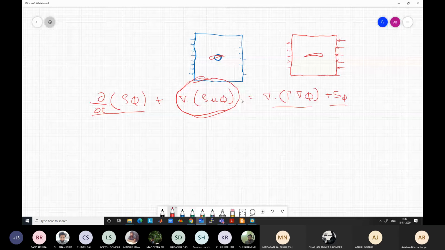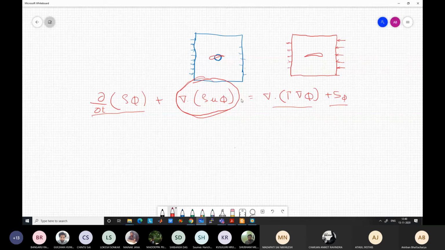The convective term is slightly more tricky to treat, and that is what we are going to start from the next class. This equation can be for any of the variables.